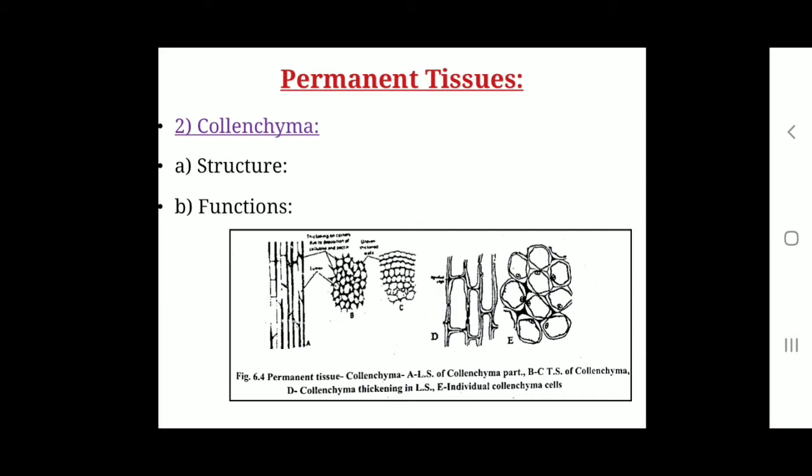In structure, it is the most common type of permanent tissue. They consist of collection of cells that have essentially the same diameter. They are usually living cells, may be oval, spherical or polygonal in shape, with intercellular spaces and abundant active protoplasm.